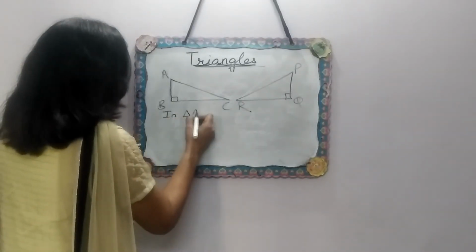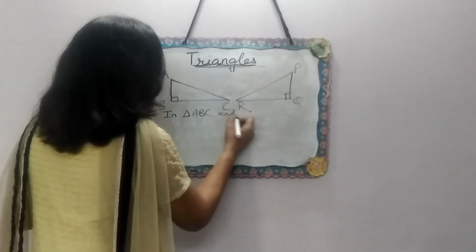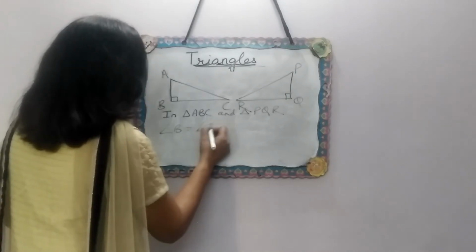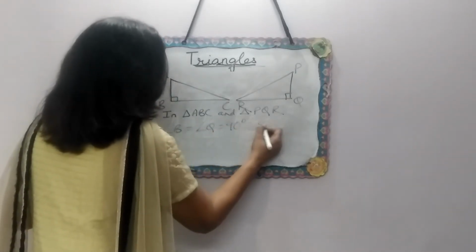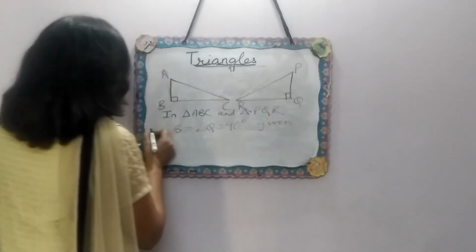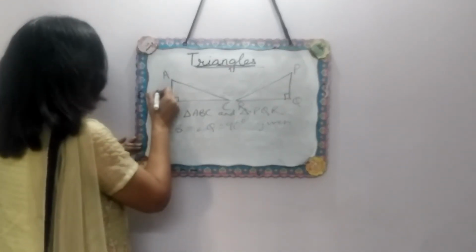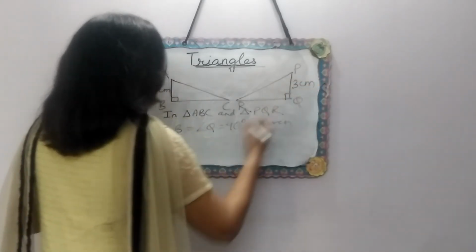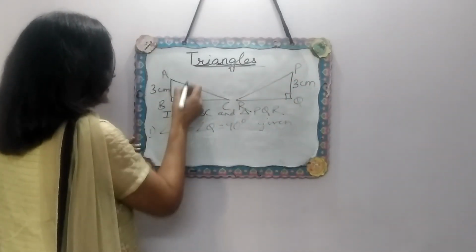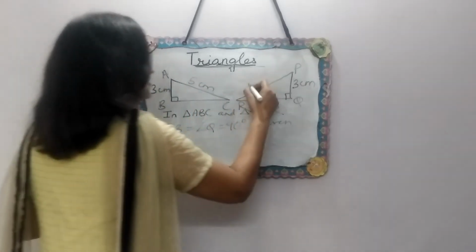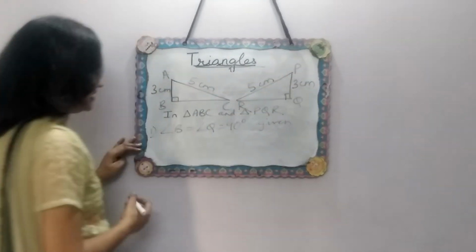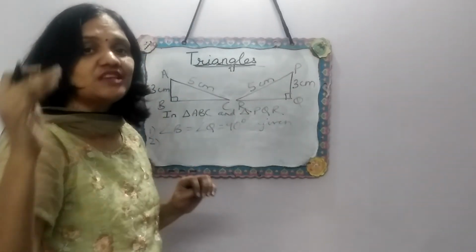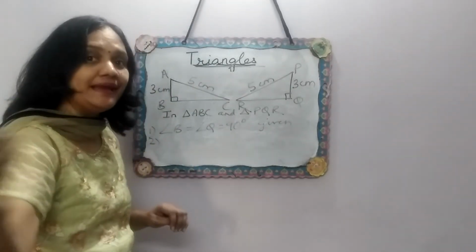In triangle ABC and triangle PQR, angle B is equal to angle Q is equal to 90 degrees, given in the question. If it is given that AB is 3 centimeter and also PQ is 3 centimeter, and it has been given this is 5 centimeter, this is also 5 centimeter, then see, this is the right angle we have spoken about, RHS property, right angle hypotenuse side.